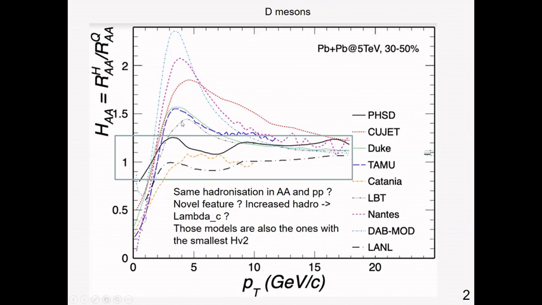If we look at the lowest curves here, I don't know whether the models want to comment. It's a bit surprising, because this is really the ratio that we typically have between the hadronization in AA and in PP, and something compatible with unity would mean there is no specific effect of hadronization in AA with respect to PP.